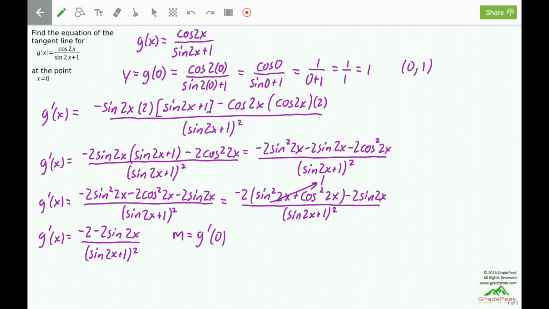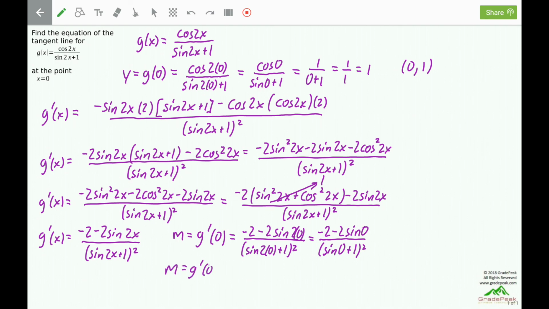Our x-coordinate is 0, so plug in a 0 to this derivative. g prime of 0 will be negative 2 minus 2 times the sine of 2 times 0, all over the sine of 2 times 0 plus 1 squared. Well, 2 times 0 is a 0. So we will have sine of 0, and it turns out that sine of 0 is 0.